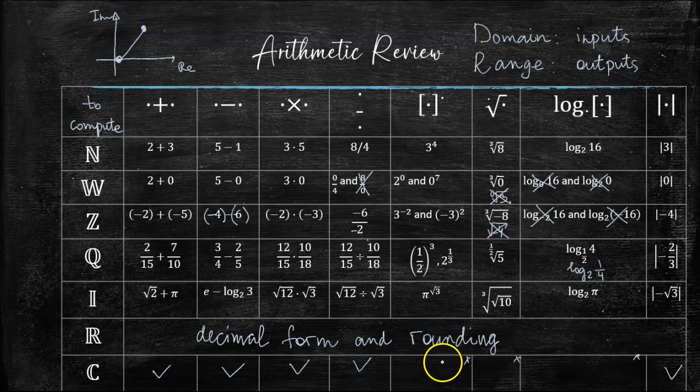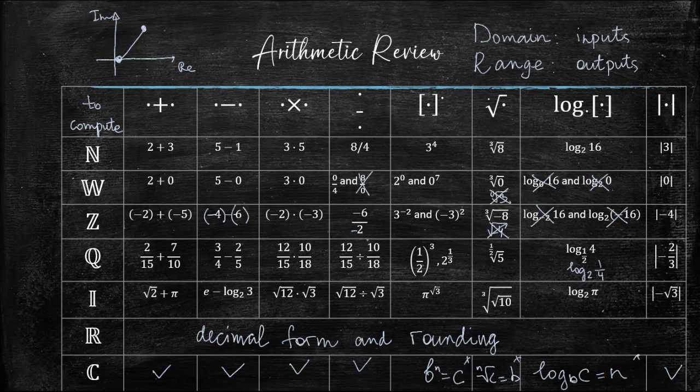But what remains true for exponentiation is, if you have two numbers, or rather three numbers that satisfy this equation, then this is also going to be true: nth root of c will be equal to b, and log of c base b is going to be equal to n.